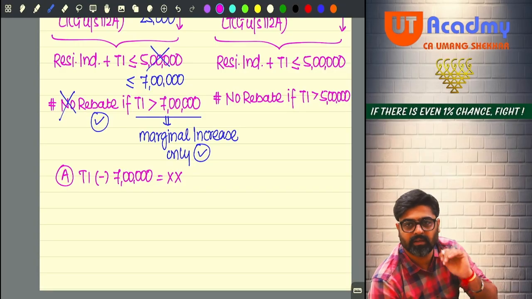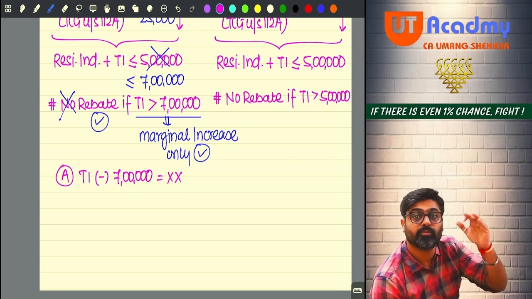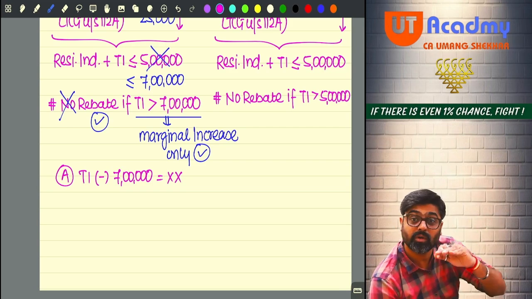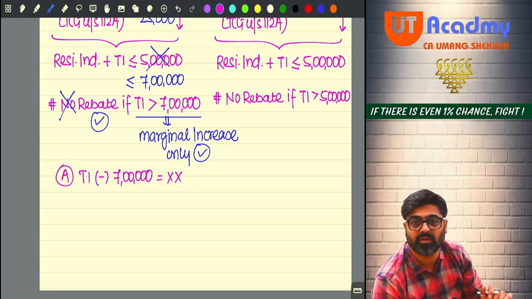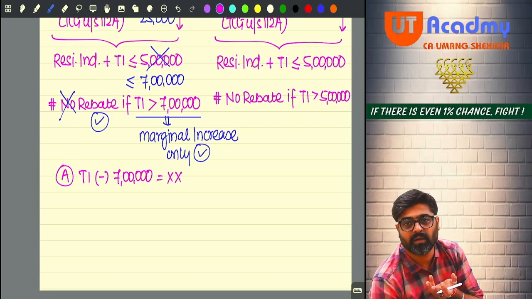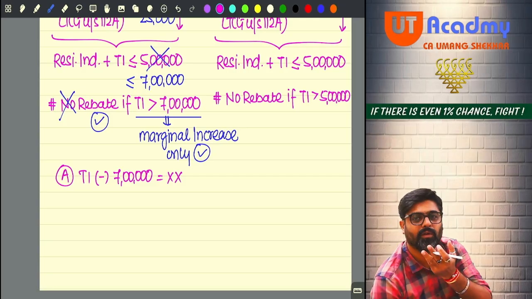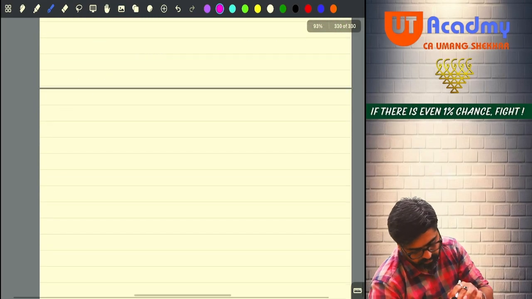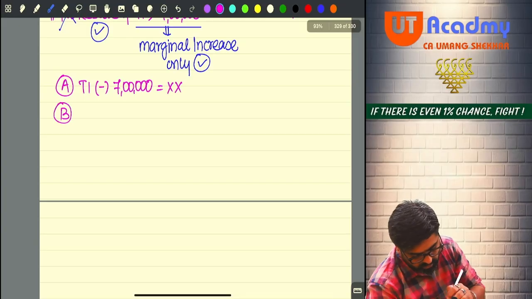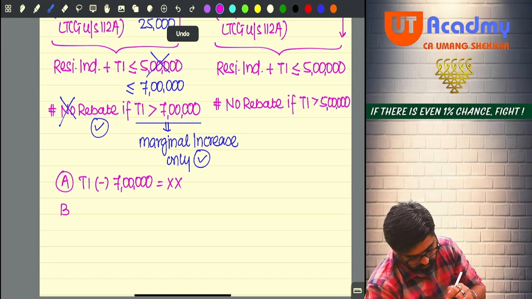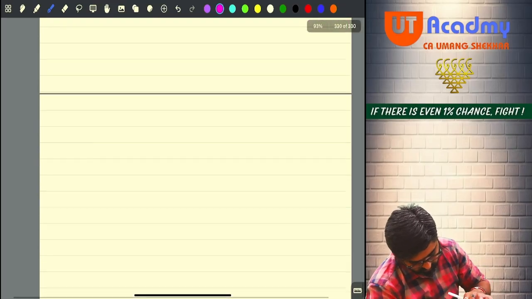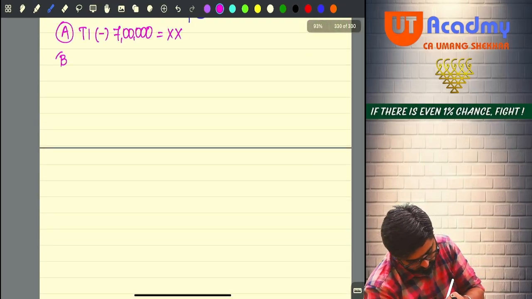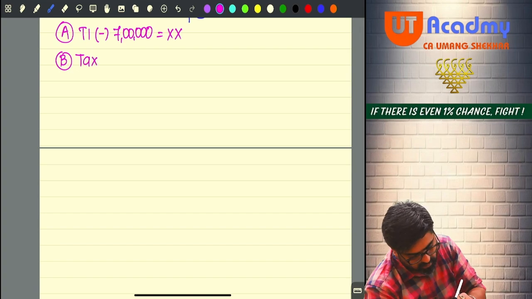So 7 lakh 5,000 minus 7 lakh. How much is total income more than 7 lakh? Only 5,000. So your total income increased by only 5,000. And you are not going to get rebate? No. We are still going to give you rebate. Do one thing. Tell us what is the tax liability on your total income.